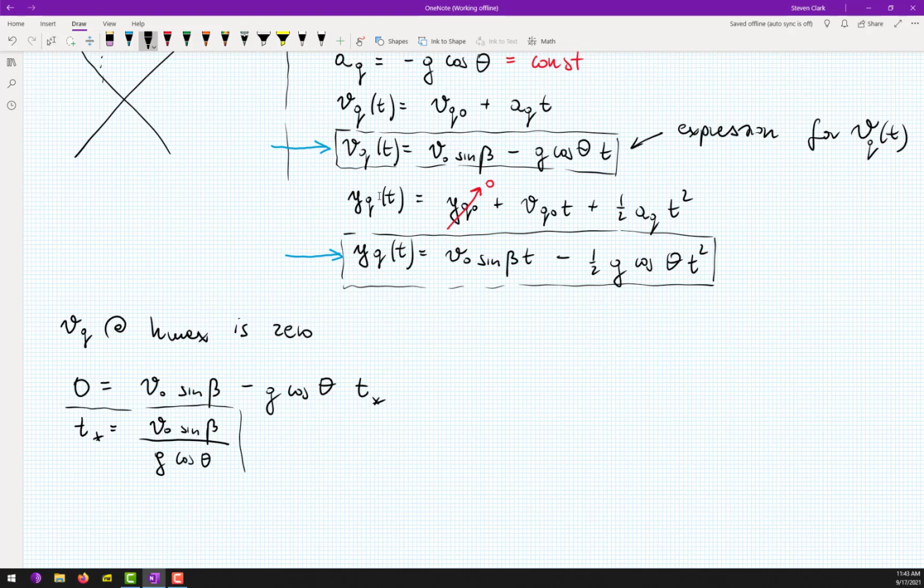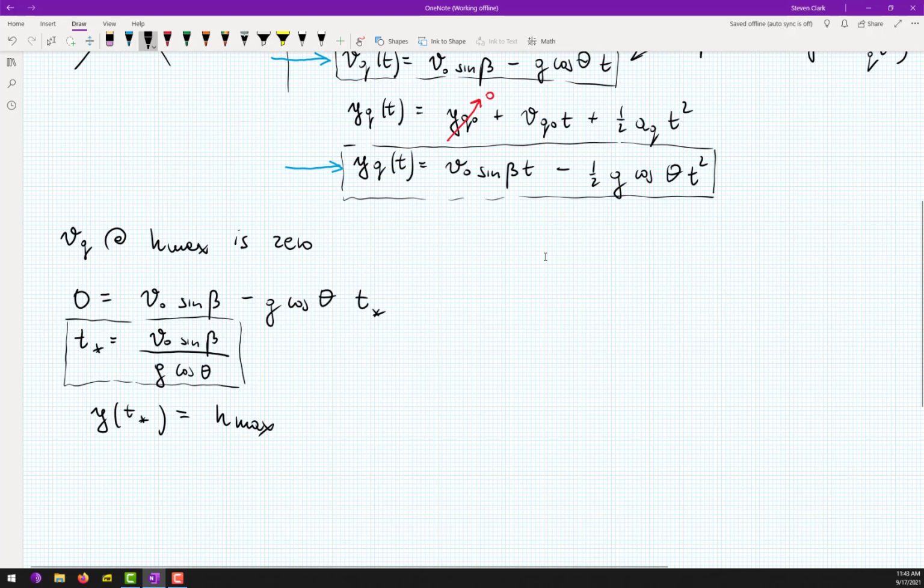Great. Now we're going to plug that T star into the other equation. Y of T star is H max.